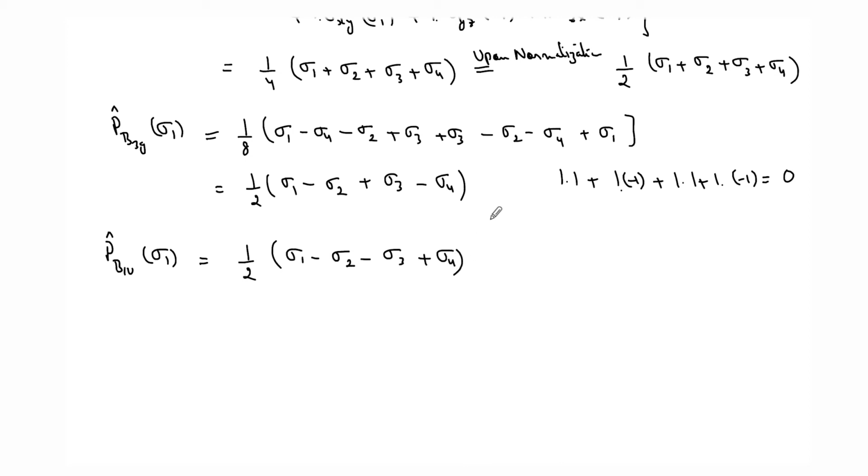Now this will be orthogonal to the first one as well as the second one, okay? And similarly, if I apply B2u onto sigma 1, what you will get is half (sigma 1 plus sigma 2 minus sigma 3 minus sigma 4).